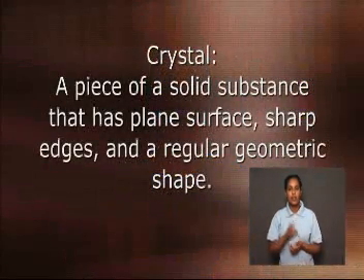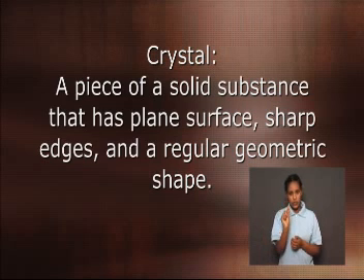A crystal is a piece of solid substance that has a plane surface, sharp edges, and a regular geometric shape. The atoms, ions, or molecules that make up a crystal are arranged in a regular, repeating manner.